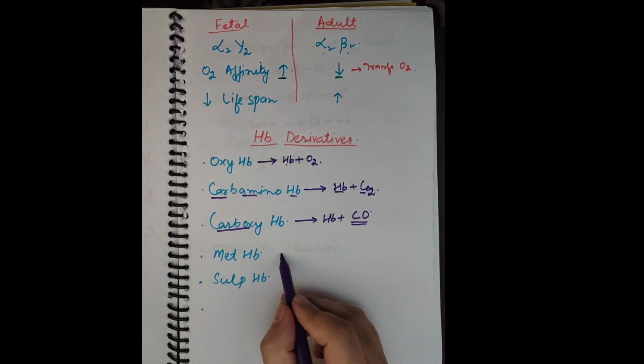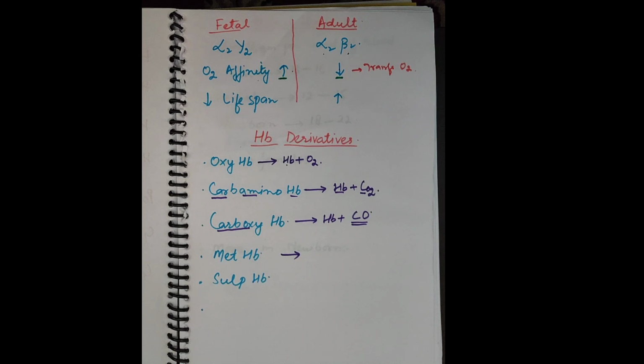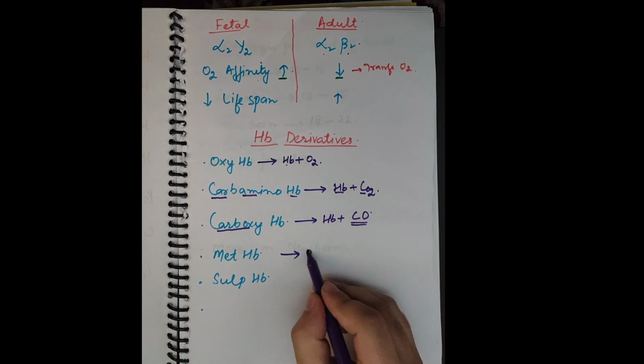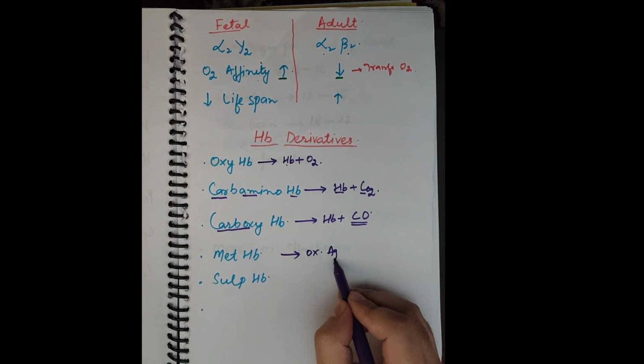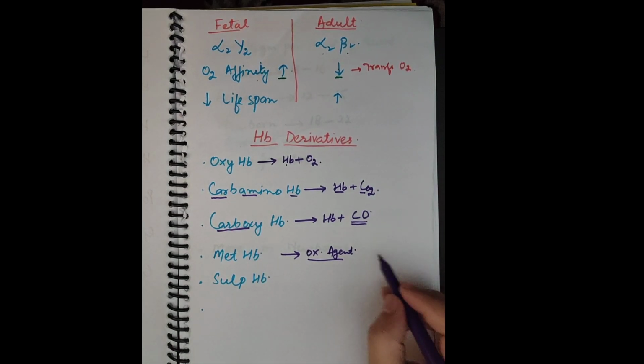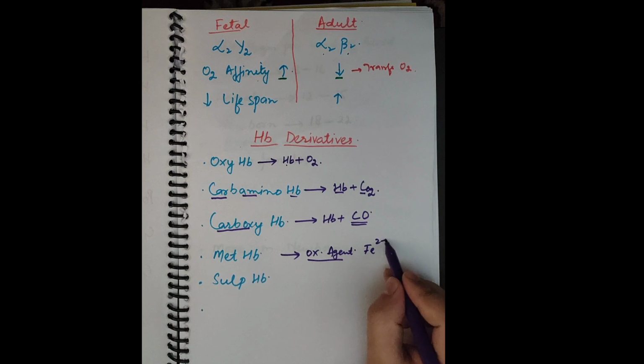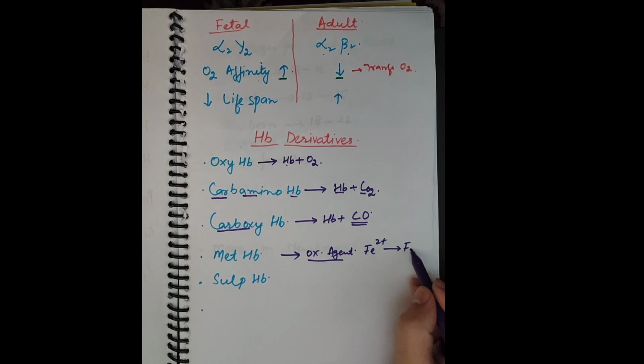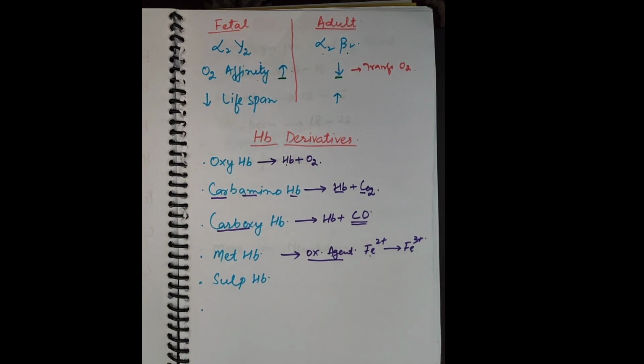Then methemoglobin. Methemoglobin is when hemoglobin combines with an oxidizing agent. When it combines with an oxidizing agent, what happens? The Fe2 positive in hemoglobin gets converted to Fe3 positive ferric form. So this is known as methemoglobin, in which the Fe2 form gets converted into Fe3 positive form.